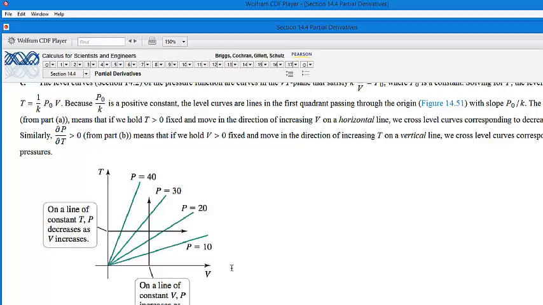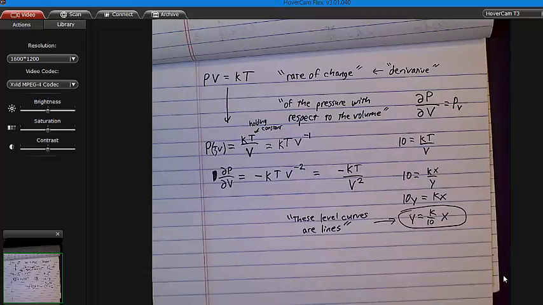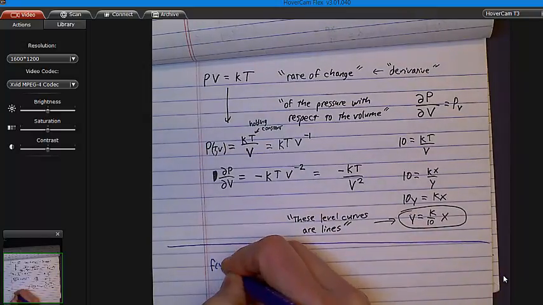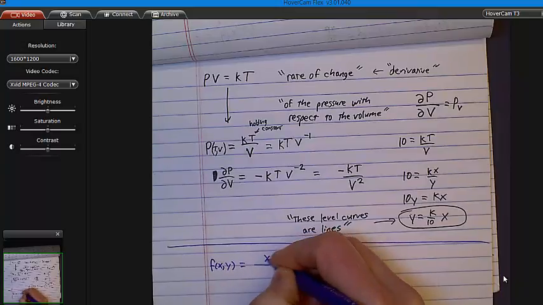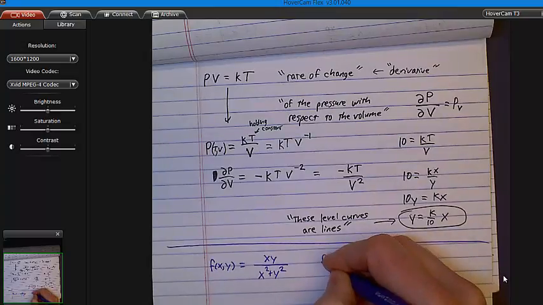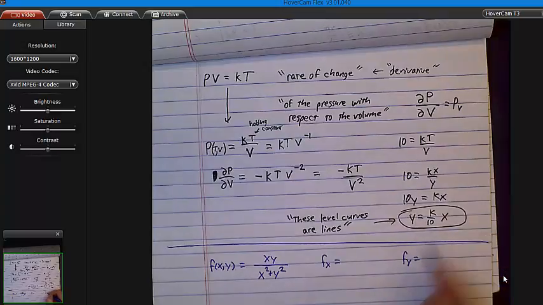Okay. So I want to go back to our fun example we had before. F of xy was xy over x squared plus y squared. And we computed fx, and we computed fy. Let me write down what those were.